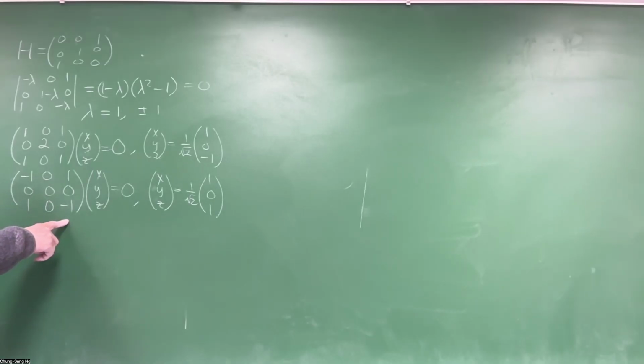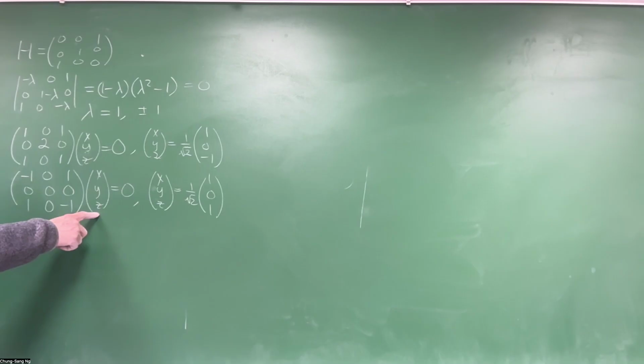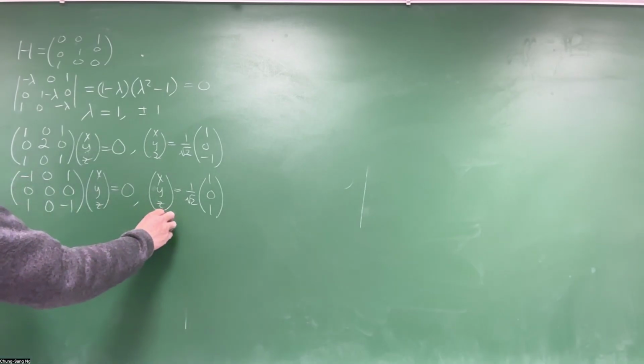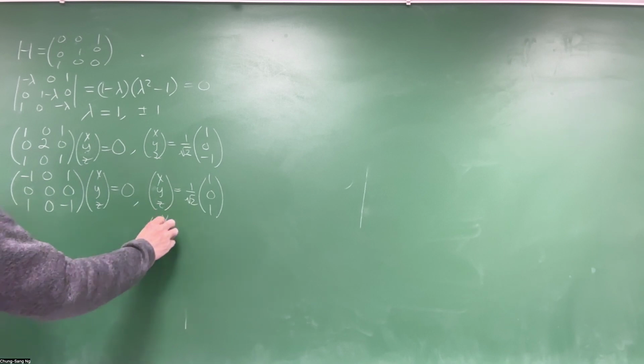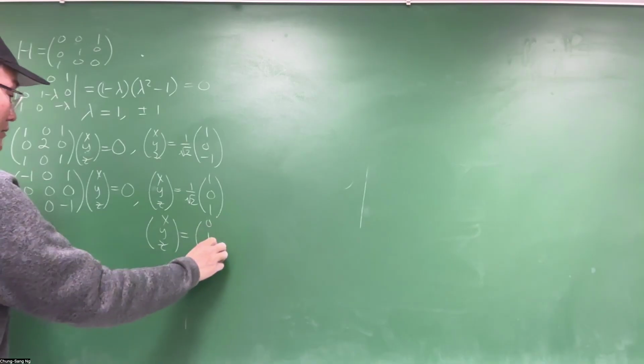One possibility is to choose y arbitrary, because y is multiplied by all zeros, so that doesn't matter. Then you choose x and z both 0, and we satisfy this equation. So x, y, z is just 0, 1, 0.